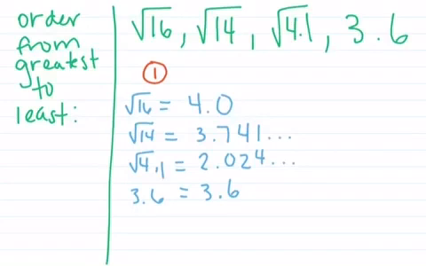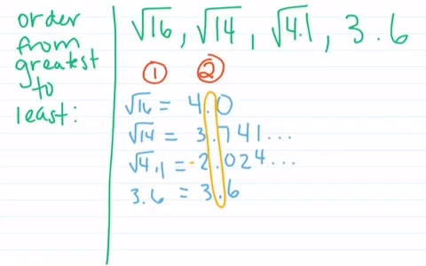Step 2, because I kind of set my paper up like this, step 2 is line up the decimals vertically. I've already done that. All right? And then step 3 is compare place value to order. So here's my decimals lined up. Over here, the least number that I have is a 2.